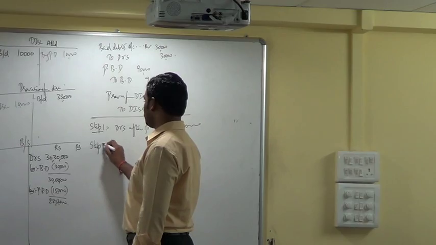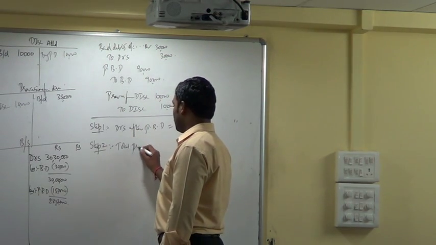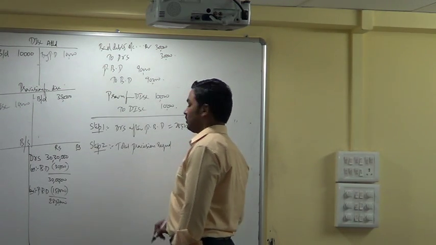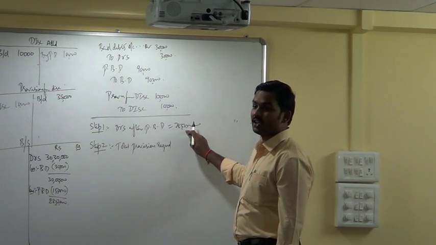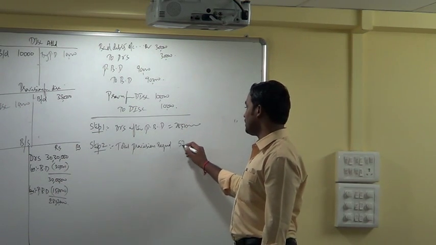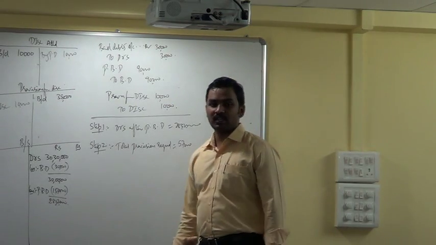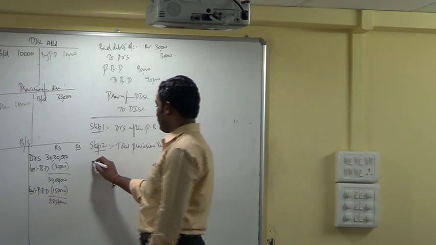Step 2: Total provision required, 2% of this. How much is it? 57,000. 2% of 28,50,000 is 57,000.